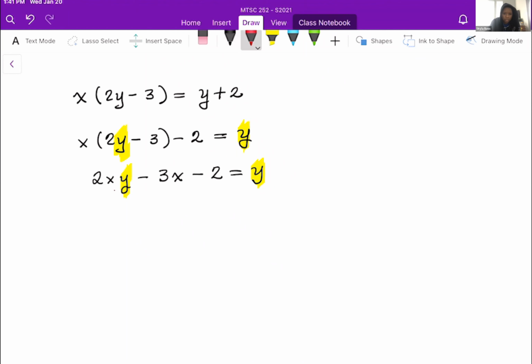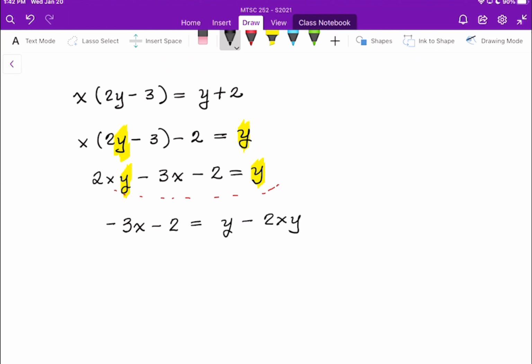I can take this 2x and move it over here. Yeah, I was saying to move that whole thing over. So subtract that over there: minus 3x minus 2 is equal to y minus 2xy. And then we can divide the 2x and then get it back to the other side.